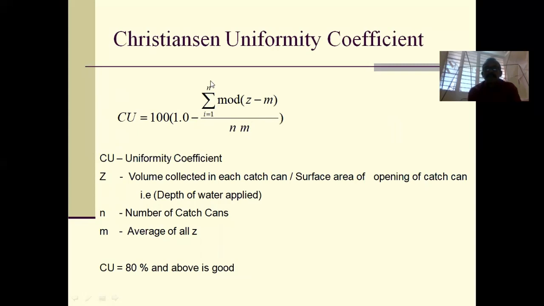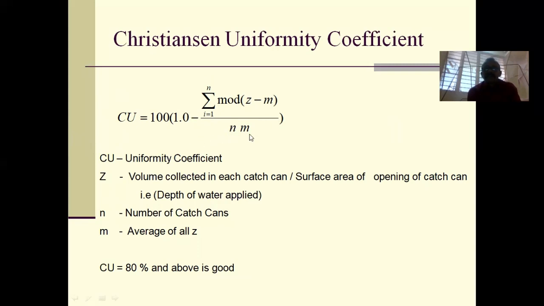I equal to 1 to n indicates the first tumbler to nth tumbler, and z is the depth of water collected in each can. The m is the mean of the water collected in all the cans, and N is the total number of the cans.